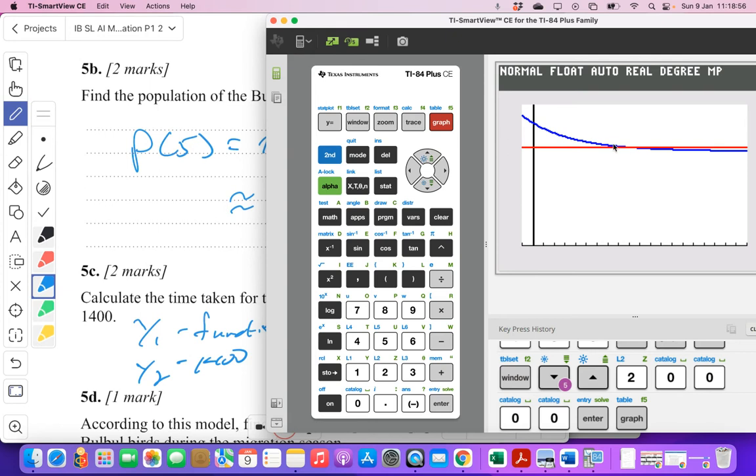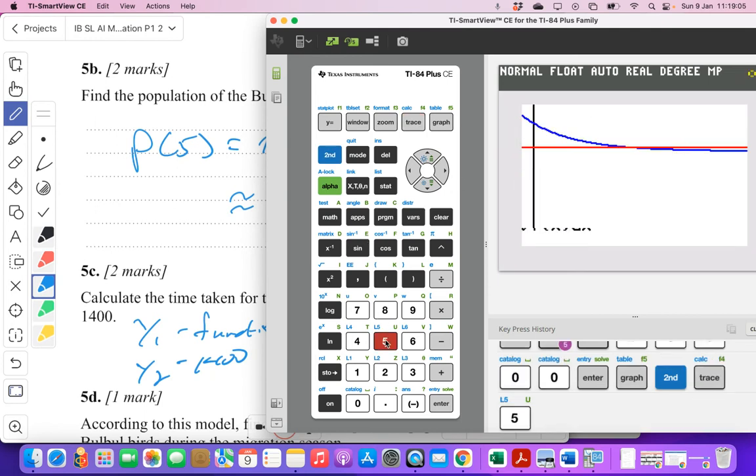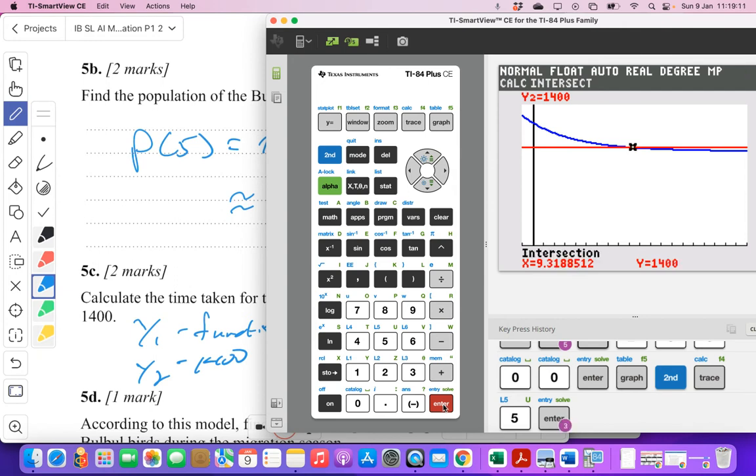So somewhere in this vicinity is the intersection, and the way to do that is go second, calc, intersect, and then I just hit enter 3 times. 1, 2, 3. Okay, if I had more than one, I would have to look around there and see that.